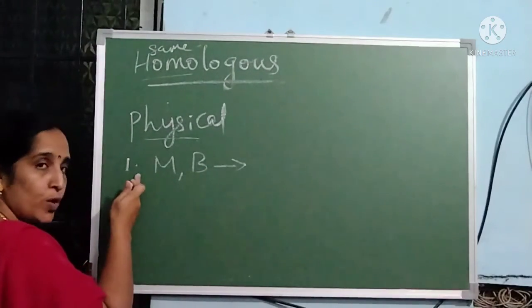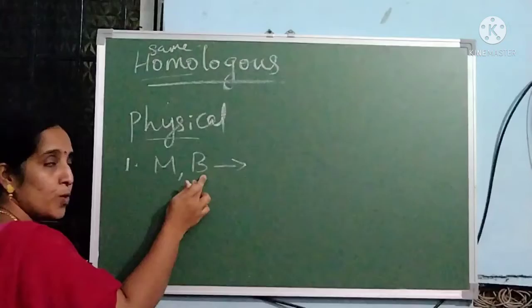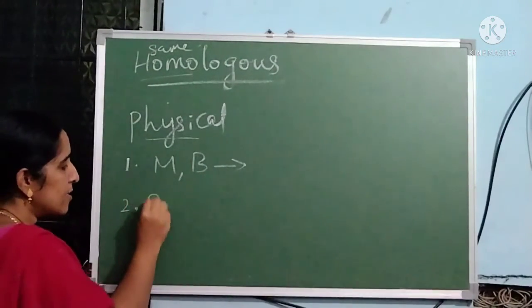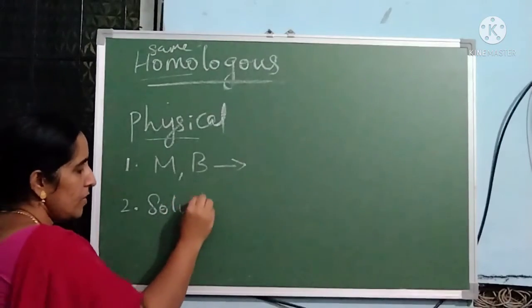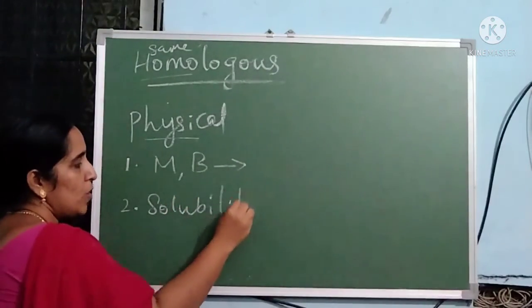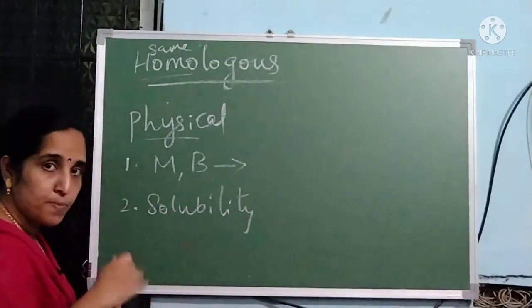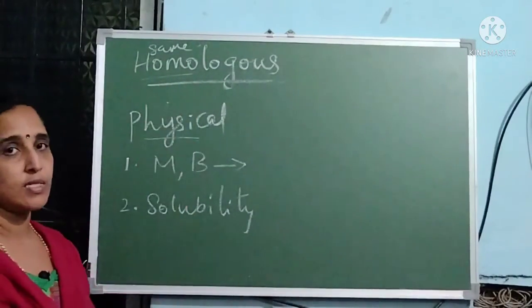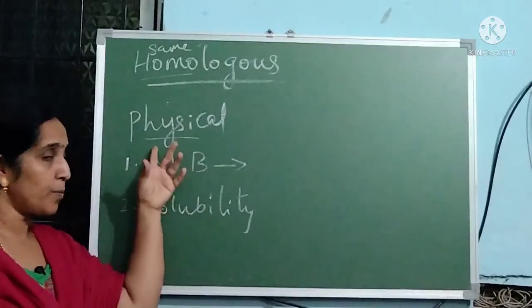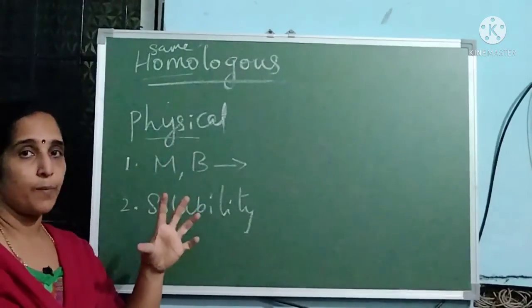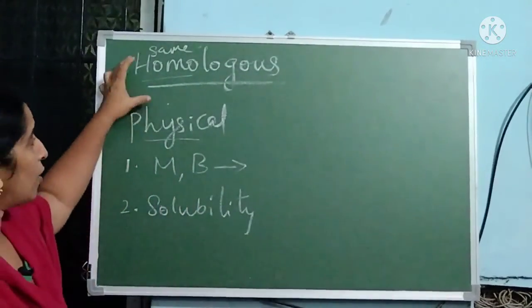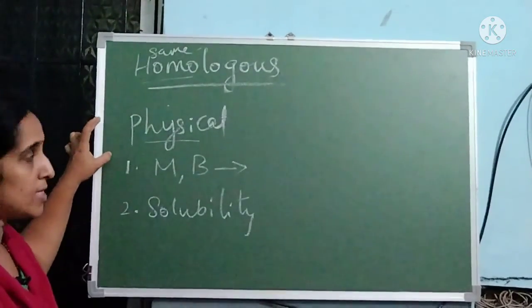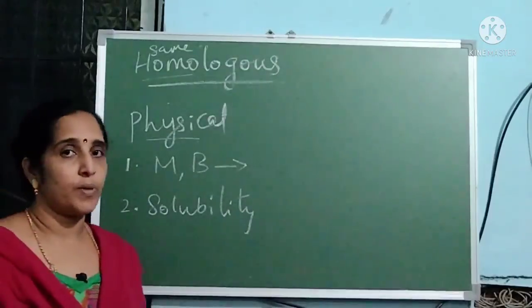Then the second one is solubility. Solubility is the mixing of substances. This property is applicable to homologous series. This is a physical property. So homologous series is very important. We have to write the definition of homologous series, its examples, then its chemical properties, and its physical properties. Okay.